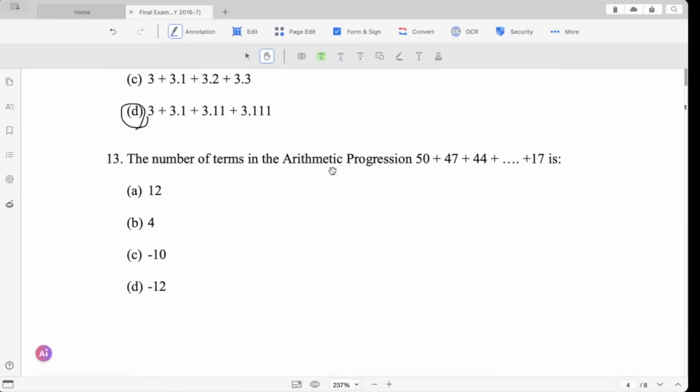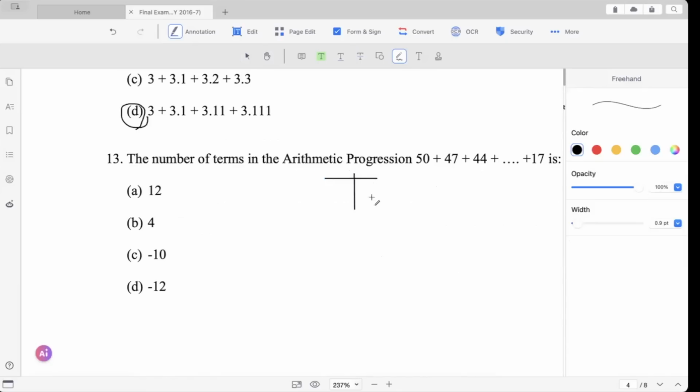The number of terms in the arithmetic progression, we're going to look at the last term. The last term is 17. So the term formula is t is equal to a plus n minus 1 d. So the term is 17, so I'm going to have 17 here. And the first term is 50, so I'll have my 50 here.